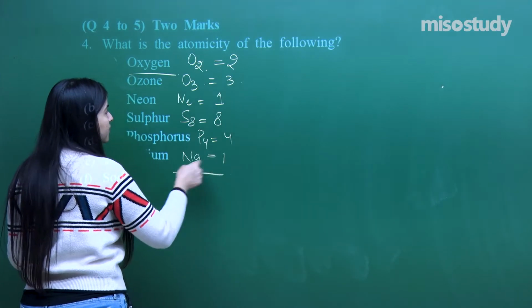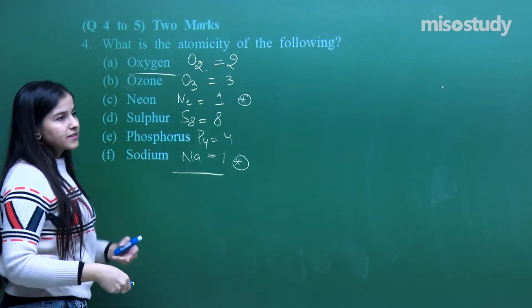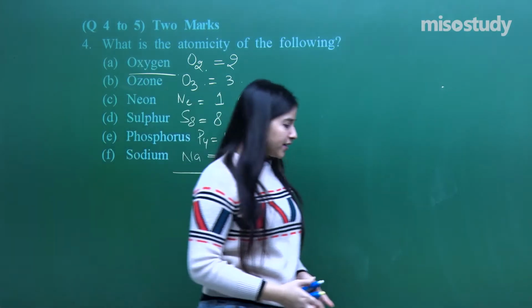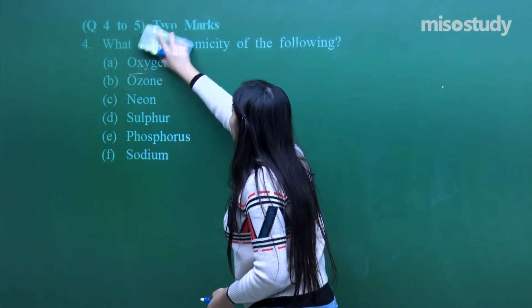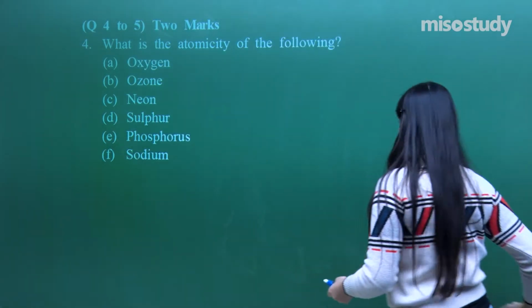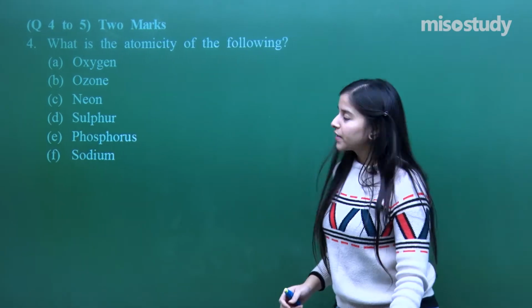So 2 of them have 1 as atomicity, whereas for the others the atomicity varies. So that was question number 4. I hope everybody has got it, and each part will be given half a mark or something.